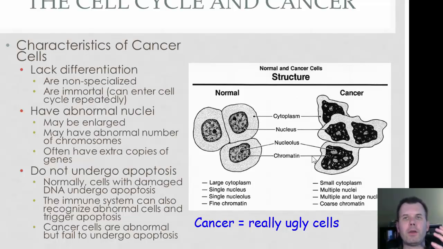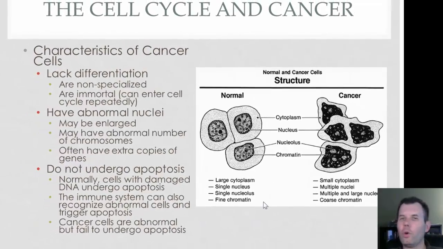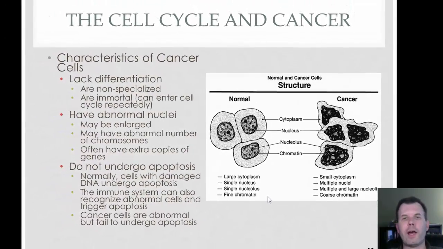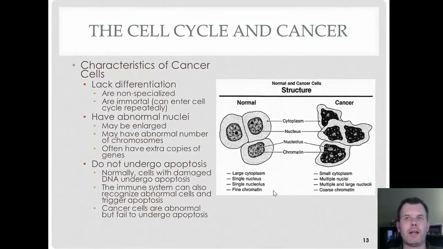And that's basically what the doctor is looking for. These cells that have multiple nuclei, they look almost black, very ugly looking, don't look right. They don't have a definite shape to them. They're just not right. And that's what they're looking for in this case. So when they do a biopsy, they look for these really ugly cells. Okay? These cells don't undergo apoptosis. There's no stop to them until you remove these cells out of the body.